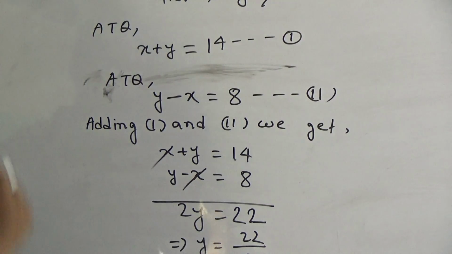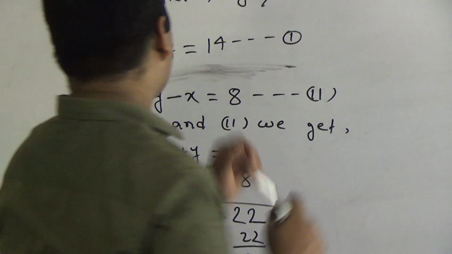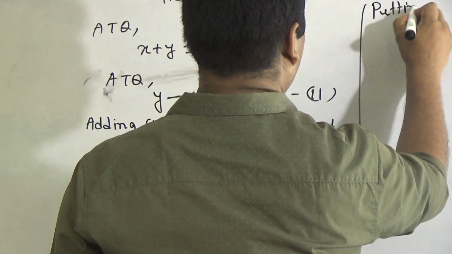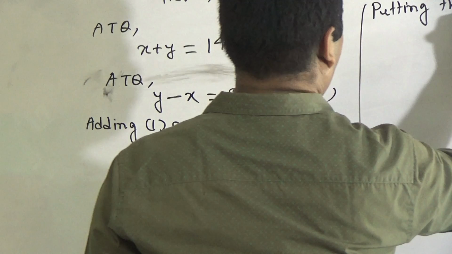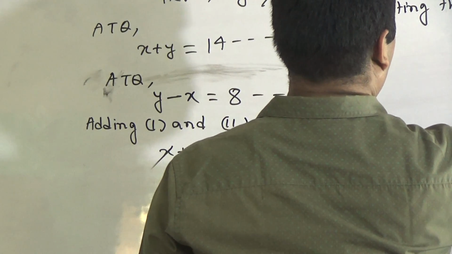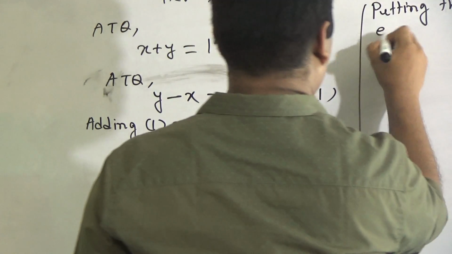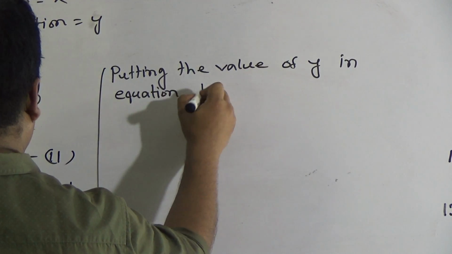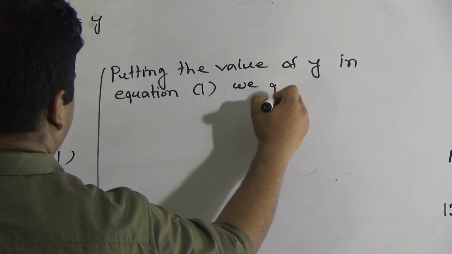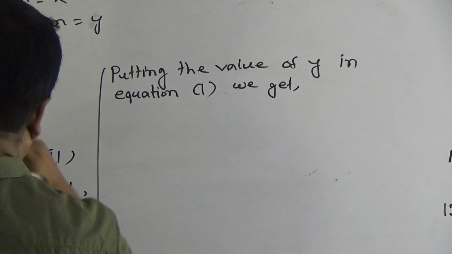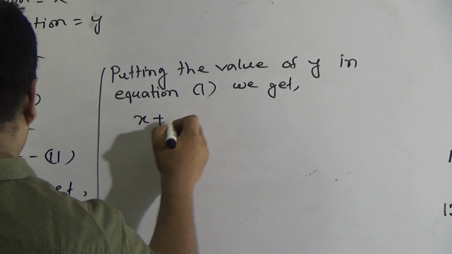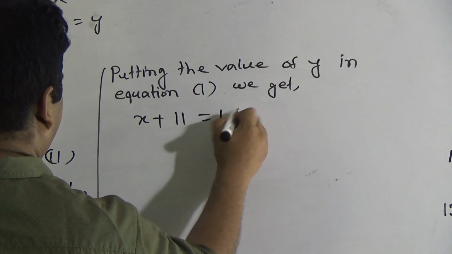So now we put the value of y in equation number 1. Putting the value of y in equation 1, we get x plus 11 equal to 14.